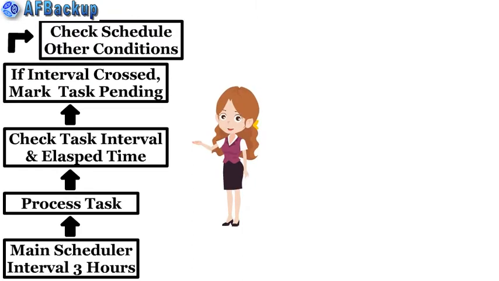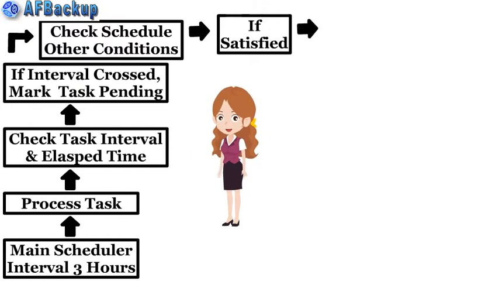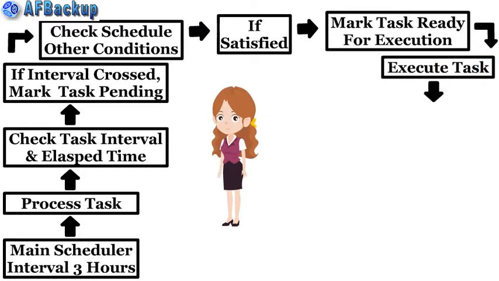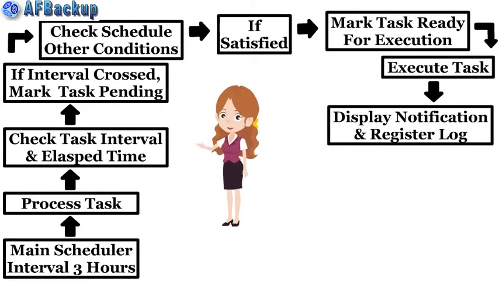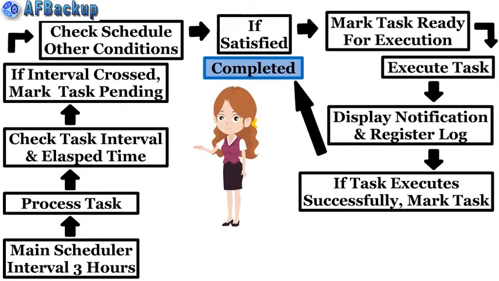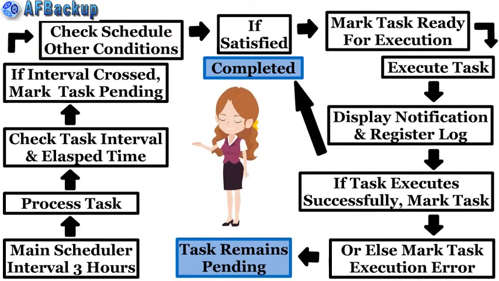Next, scheduler other conditions are checked, and if specified conditions are satisfied, the task is marked as ready for execution. Next, tasks which are marked as ready for execution are executed one after the other, with display of pop-up notification and registration of log. If the task is executed successfully, it is marked as completed, or else it is marked as execution error, and it remains pending. After execution of all tasks, the scheduler will perform the same cycle after 3 hours.